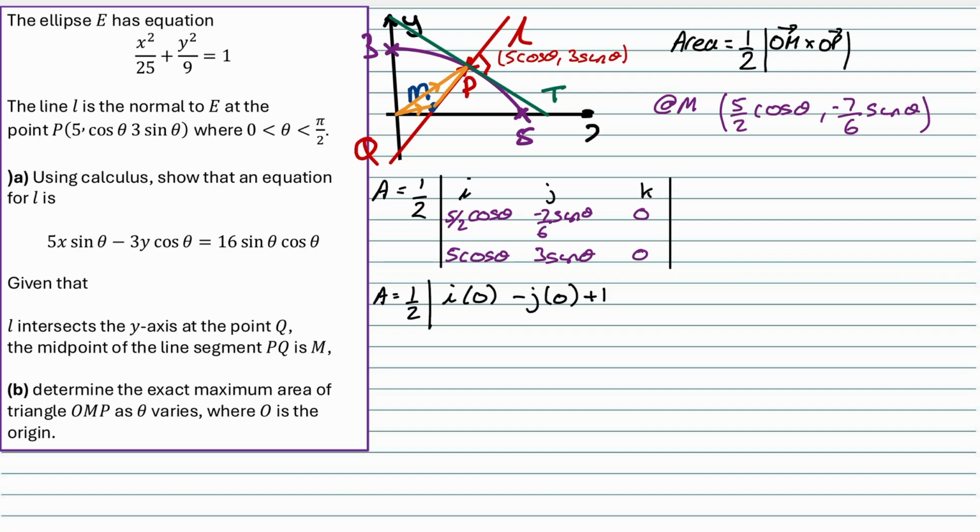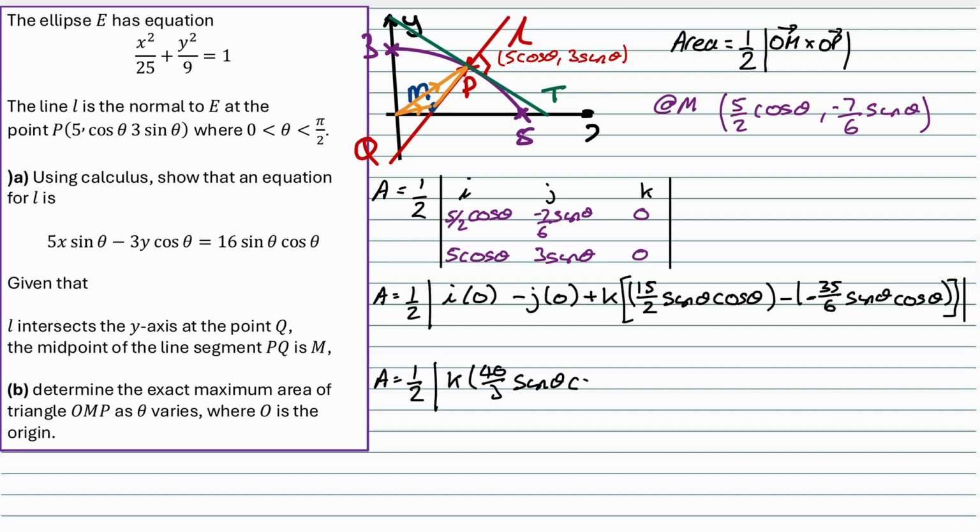And then plus the k. We've got 5/2 cos theta multiplied by 3 sine theta, minus the negative 7/6 sine theta times 5 cos theta. So we can add these sine theta cos thetas together, and the area will be 1/2 of k times 40/3 sine theta cos theta.